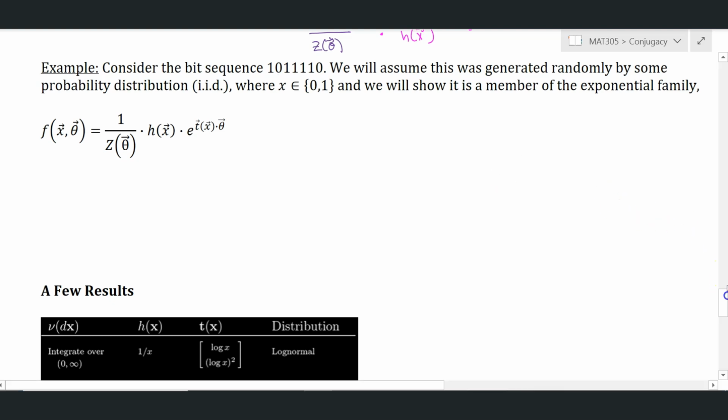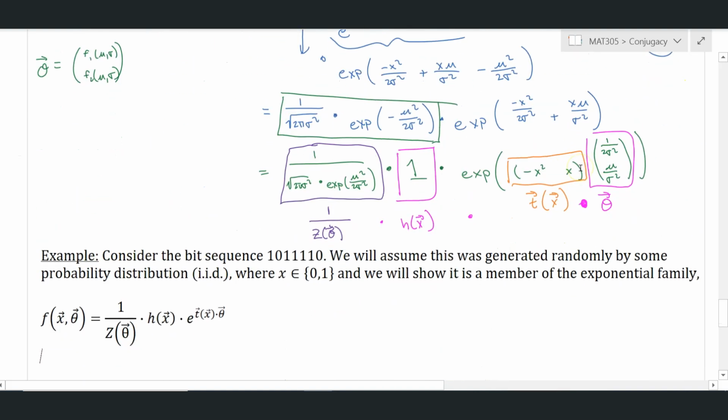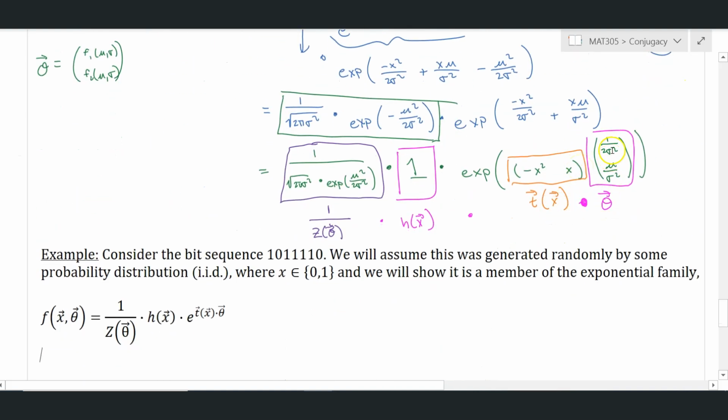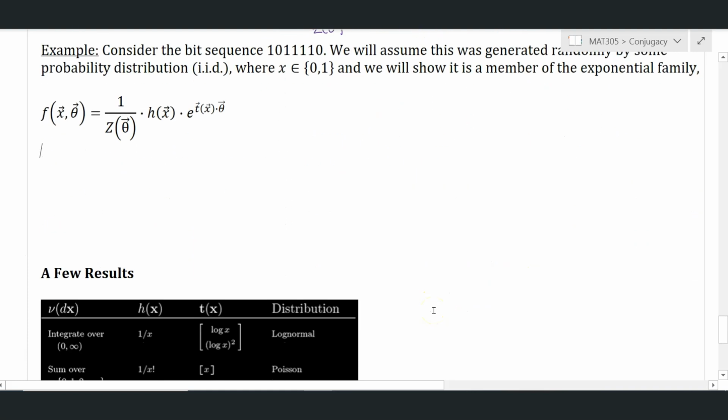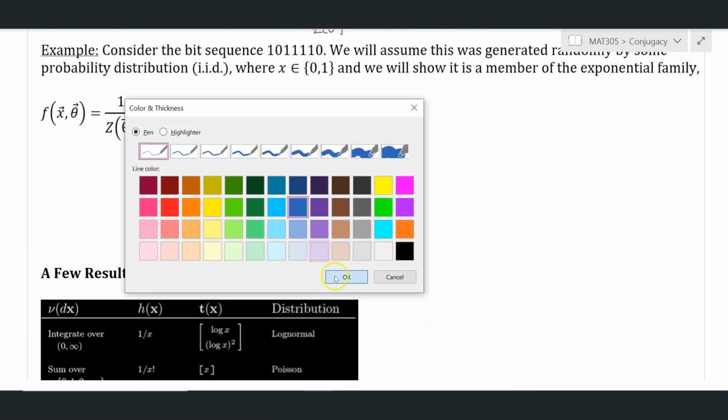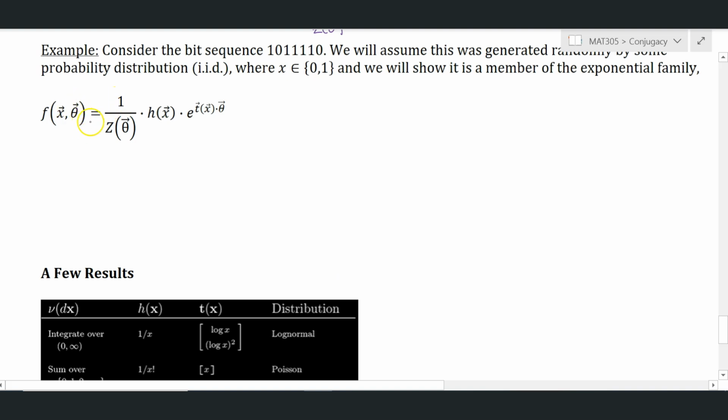Just as with the normal distribution being part of the exponential family, the parameters themselves, the theta 1 and the theta 2, were not actually mu and sigma, they were functions of mu and/or sigma. And so in this case, the theta that we get is somehow going to influence how likely that value of x is, but it will not necessarily be the probability itself.